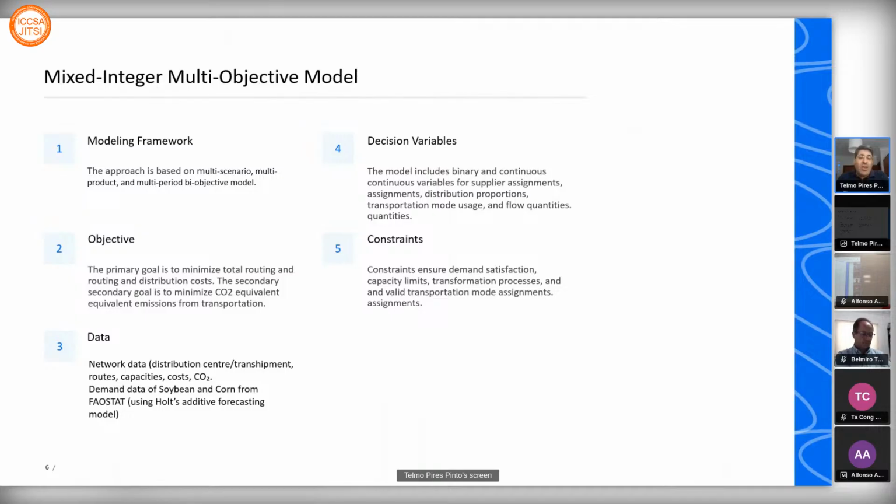And our decision variables here represent supplier assignments, proportions, transportation mode usage, and of course the flow quantities. Finally, our model incorporates constraints to guarantee demand satisfaction, satisfying the capacity limits, accounting for the transformation process, and ensuring, of course, valid transportation mode assignments while doing the distribution of goods.